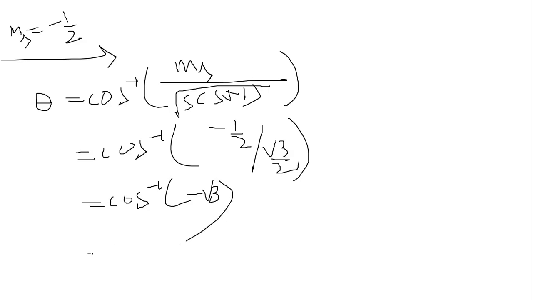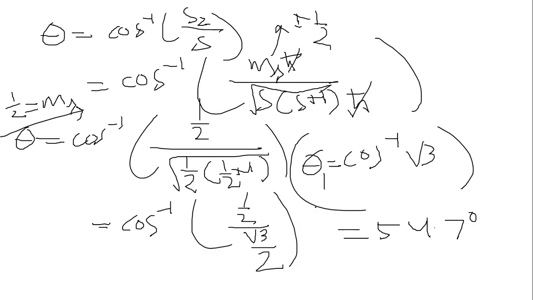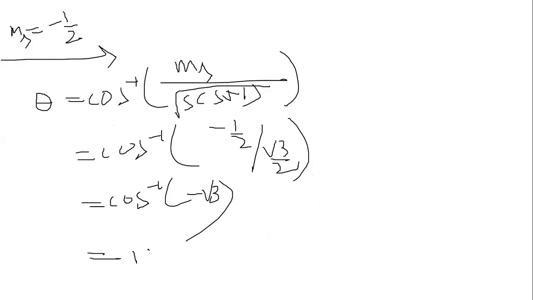Then what will be the value of cos inverse minus 1 by root 3? If you take the first one as theta 1, then simply it will be 180 minus theta 1. So it will be around 125.3. So we got two possible orientations.